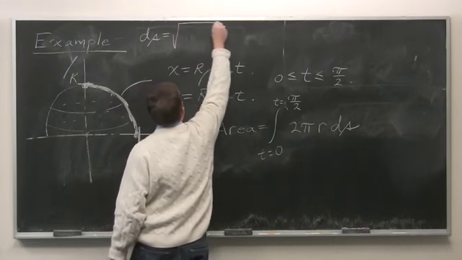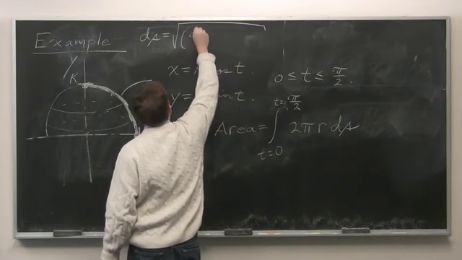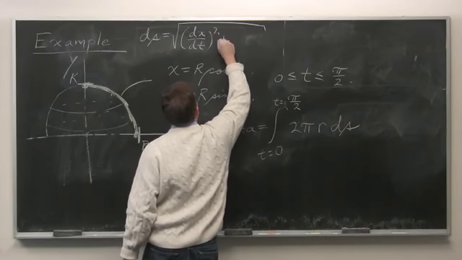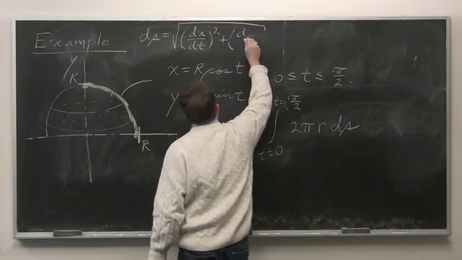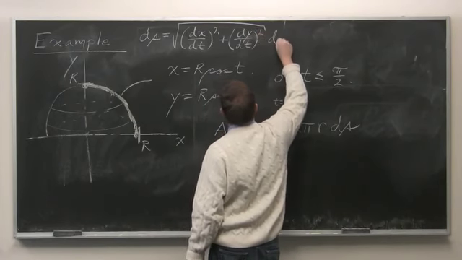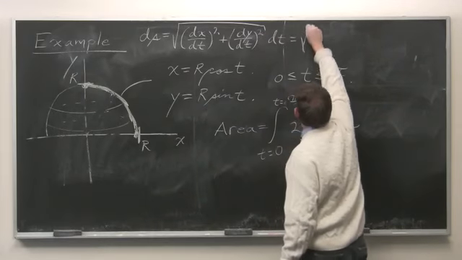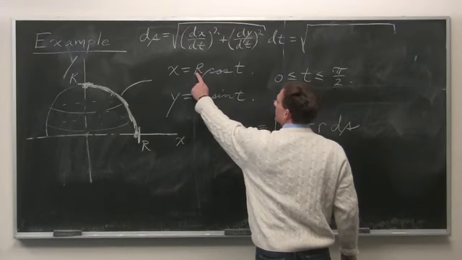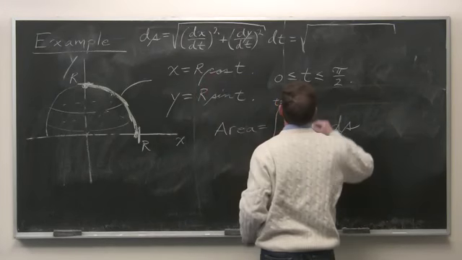ds is the square root of dx dt squared plus dy dt squared times dt. This is the square root of dx dt is r times negative sine of t.